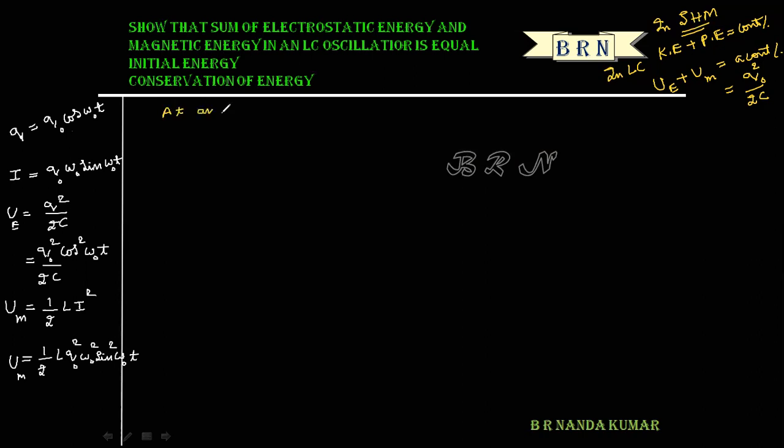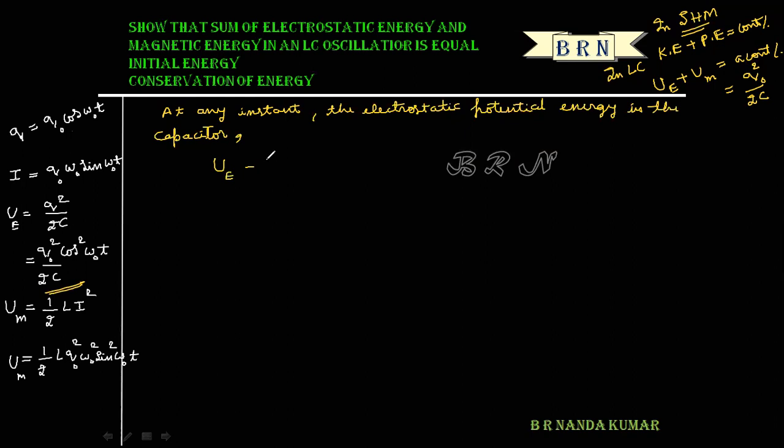Okay, so at any instant, the electrostatic potential energy in the capacitor, that is UE, is equal to Q square divided by 2C.